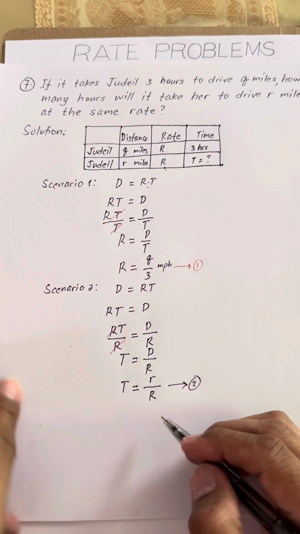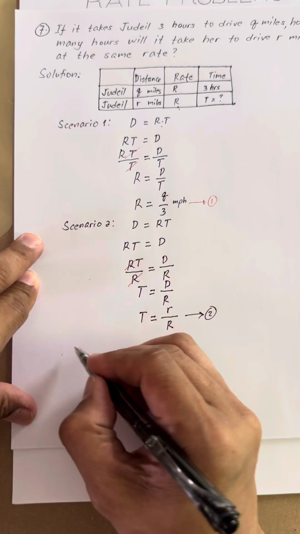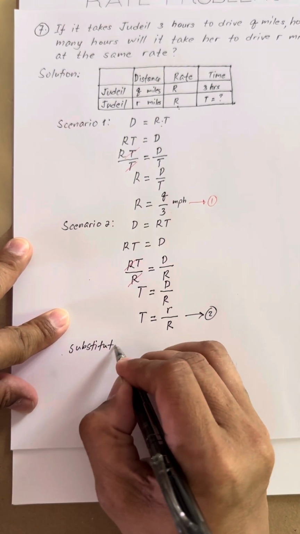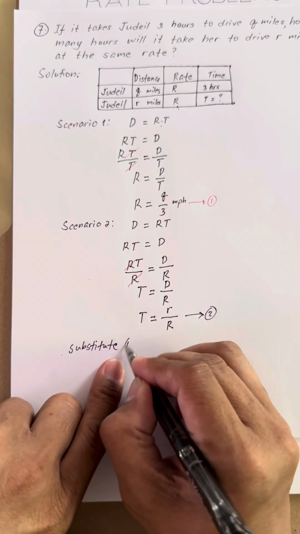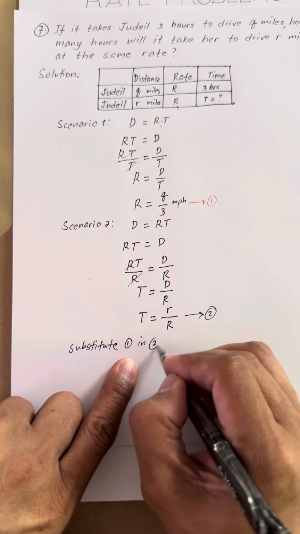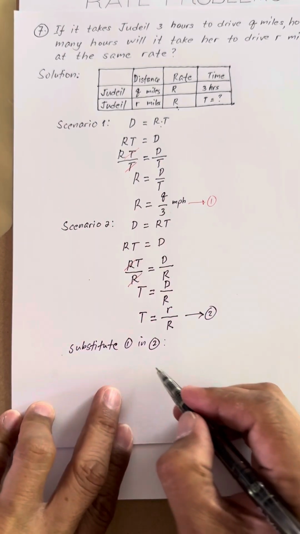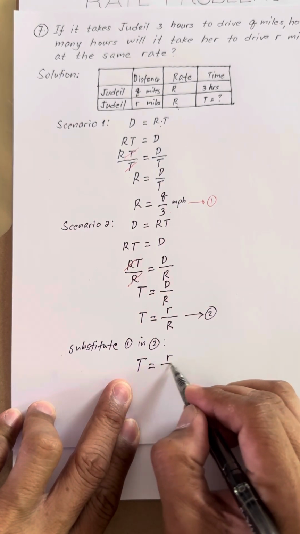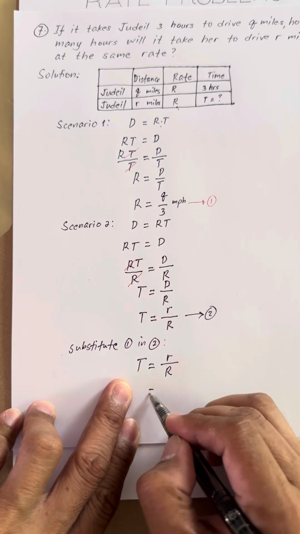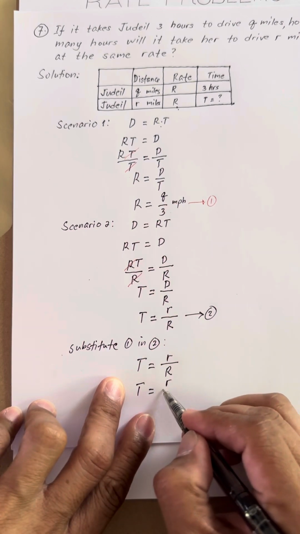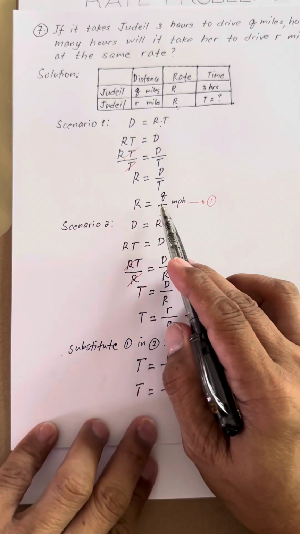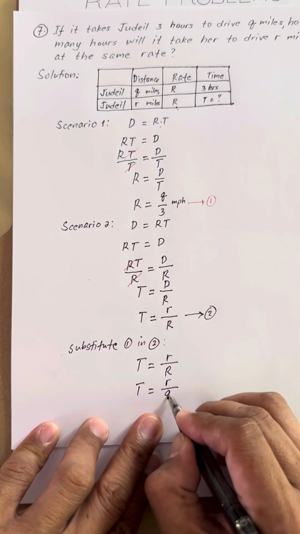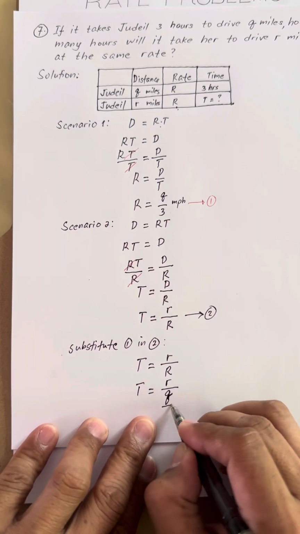Then if you're going to substitute equation 1 in equation 2. Okay, so our equation 2 is T equal to small r divided by big R. But our big R is equal to, in the equation 1, Q over 3.